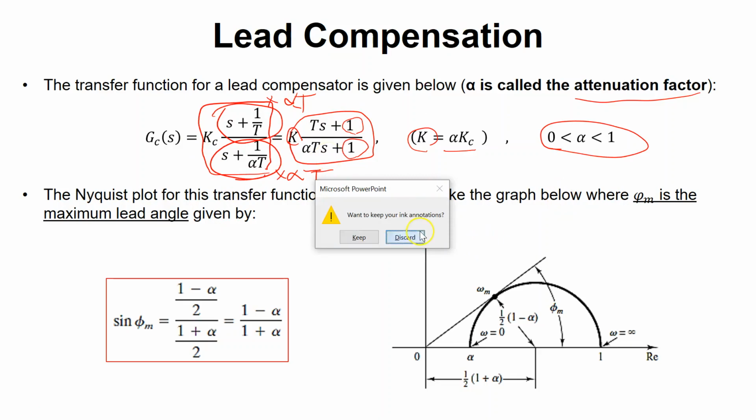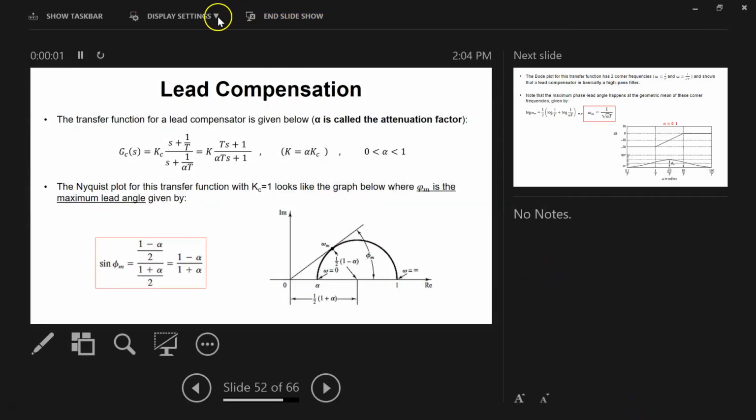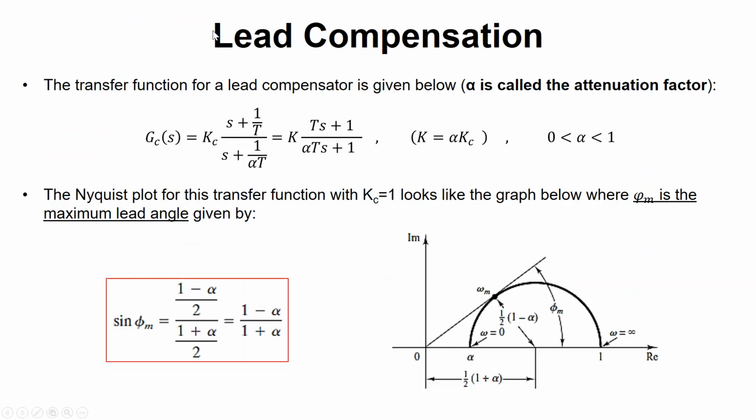Okay, let me clean this up. So again, I really try to only use this format in this chapter. That's the same as the previous one, but this is more comfortable for Bode plots. So that's the definition, and this is the relation between Kc and K, and alpha is less than 1, which we call the attenuation factor. Good.